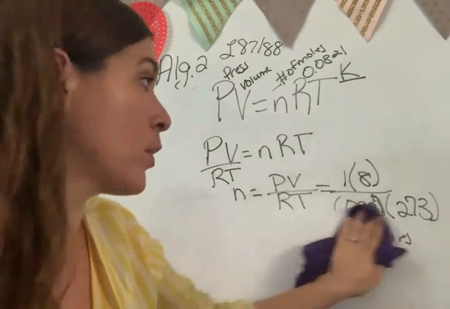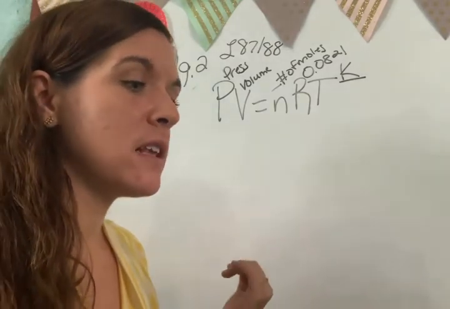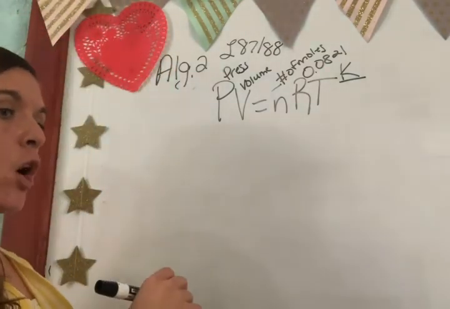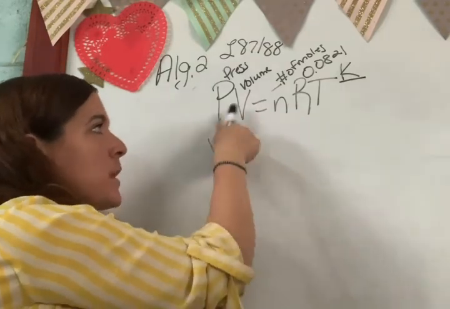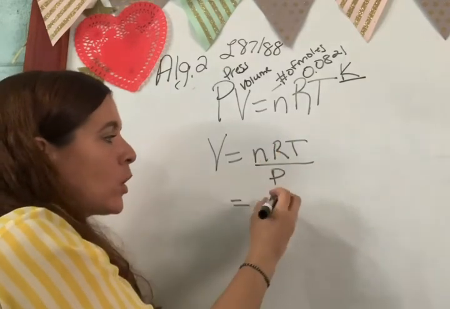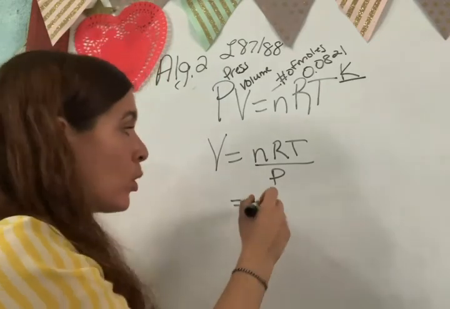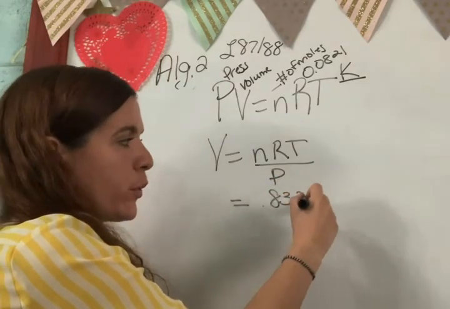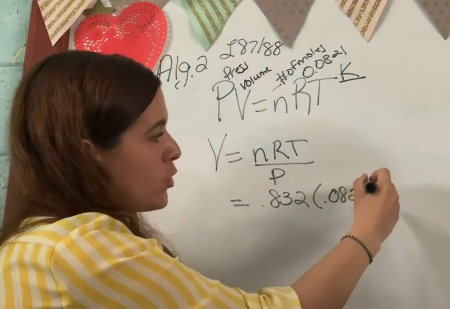Okay, so look at example 3. Use the formula PV equals nRT to find the volume. Okay, so let's solve this for volume. All you're going to do for volume is just move the P over here, so it's nRT over P. Okay, well, our number of moles here is 0.832 moles, so 0.832. R is your constant, 0.0821.